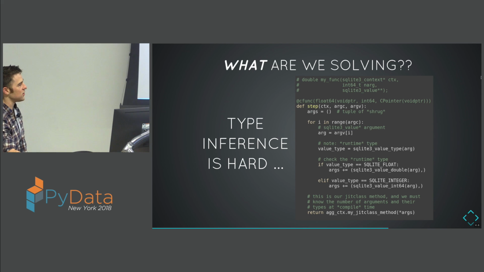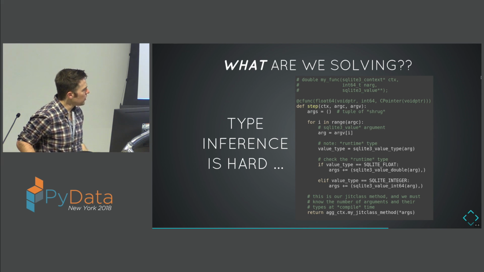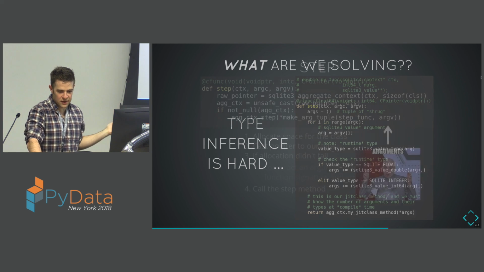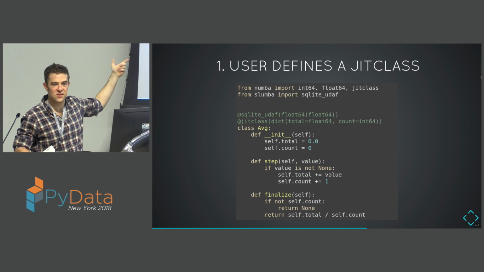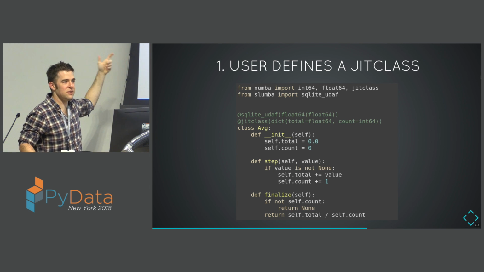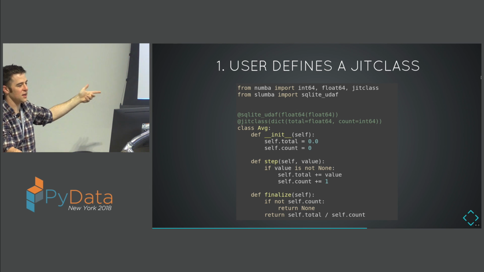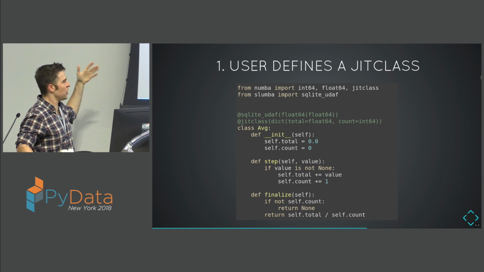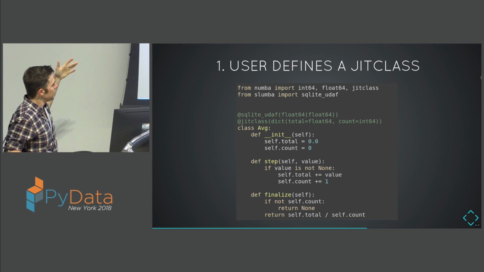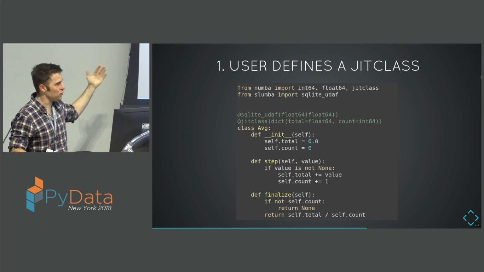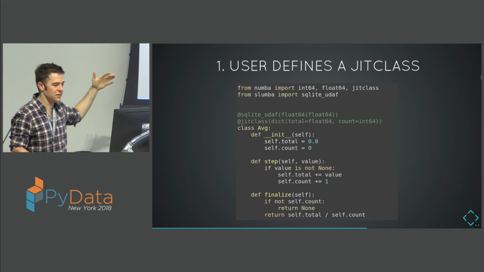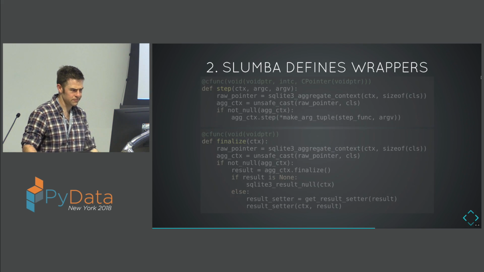But I'm first extracting those values as their C values. But remember, when we made people define this class, they have to give us the signature. So we don't actually need to do that type checking at runtime. We can just generate an argument tuple using LLVM right before you run this function with machine code.